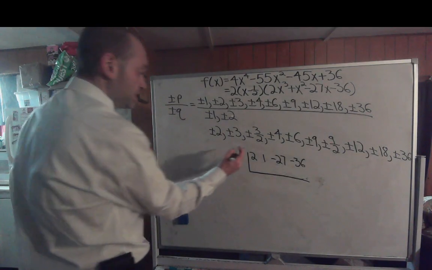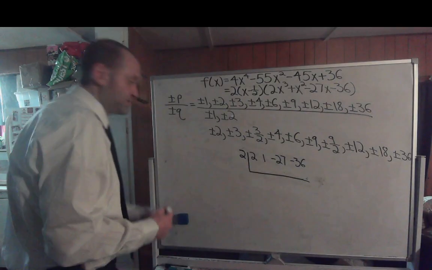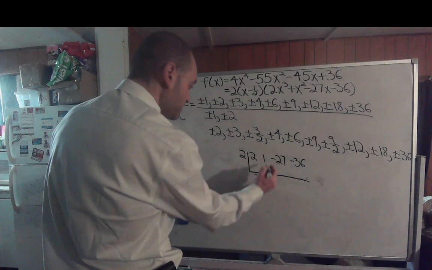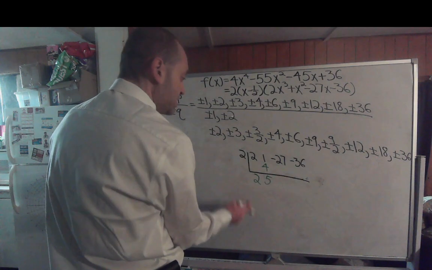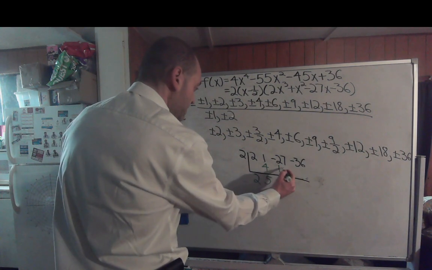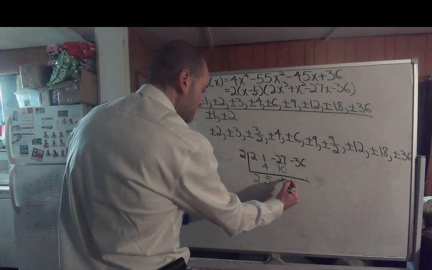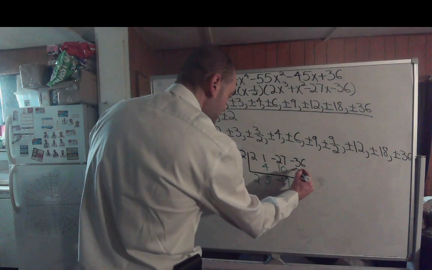Alright, so let's try 2 as a rational zero, and what I mean by that is positive 2. So bring down the 2 from over here. 2 times 2 is 4. 1 plus 4 is 5. 2 times 5 is 10. Negative 27 plus 10 is negative 17. 2 times negative 17 is negative 34.